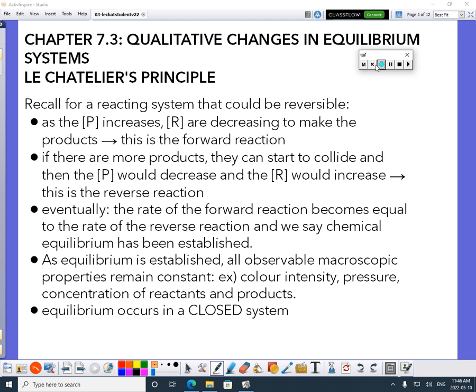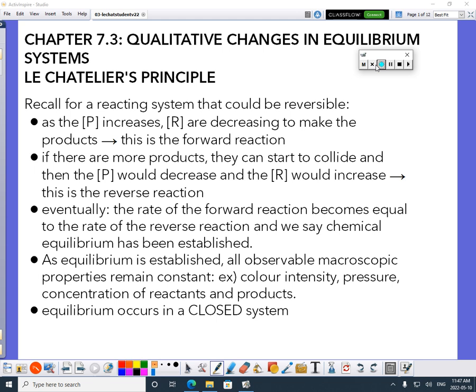Okay? So if you have a closed system that has the same color, pH, pressure, etc., then that would be considered at equilibrium. Tomorrow we are going to do the easiest one, which is concentration, in our lab. We are going to change the concentration, and the procedure part takes like 10 minutes.